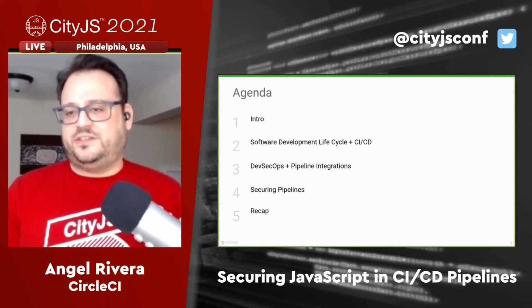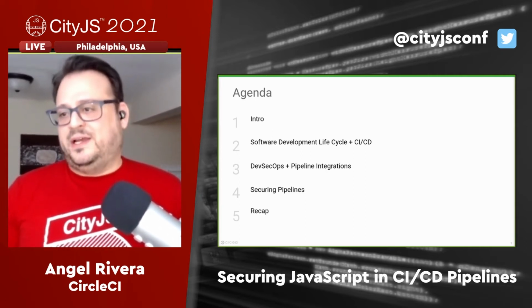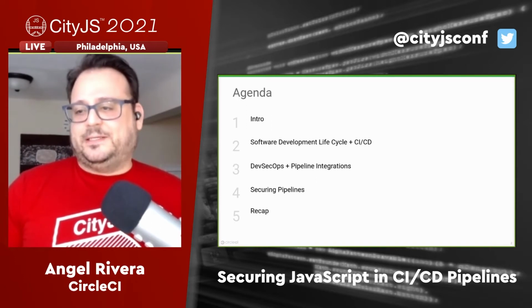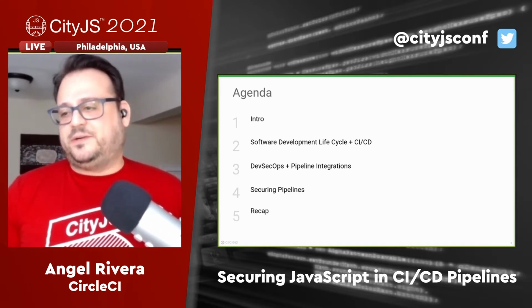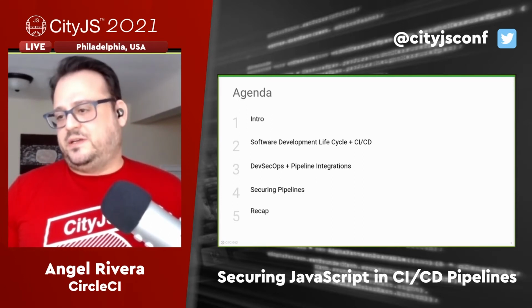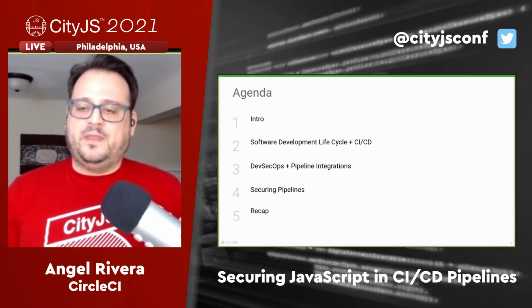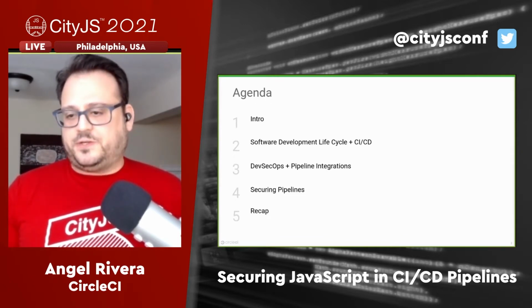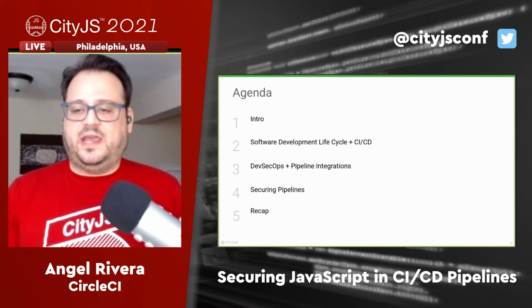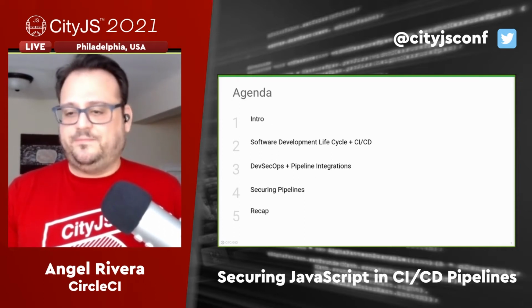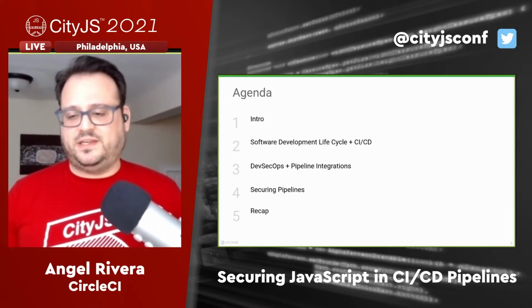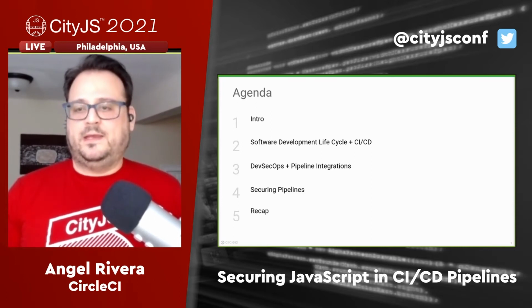A quick introduction to who I am and what I do at CircleCI, then talking about software development life cycles as they relate to continuous integration and continuous delivery, and also talking about DevSecOps and pipeline integrations, and finally discussing how you can secure your pipelines.